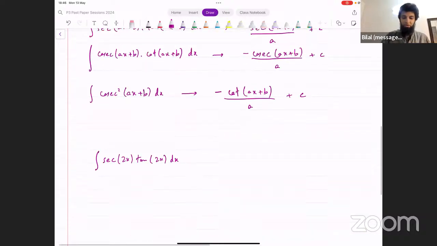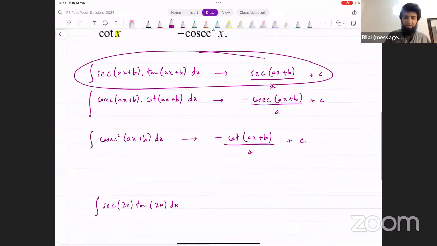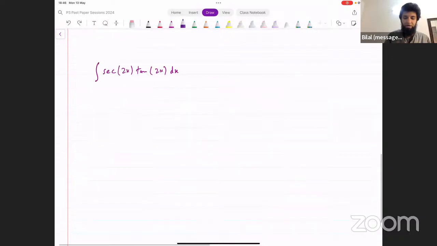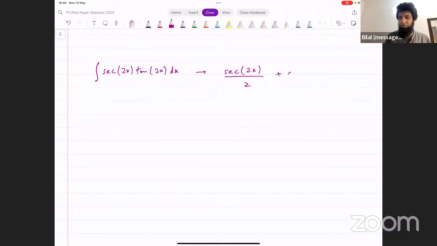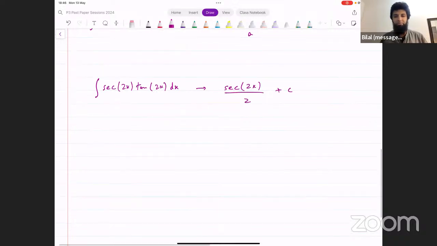This is a rule that you directly have from here. Secant into tan, what's the integration for that? Integration for this is secant. However, then you have to divide by the derivative of this thing. That is going to be 2, and that's what your integral turns out to be here. Is that okay? Similarly for the rest of them.